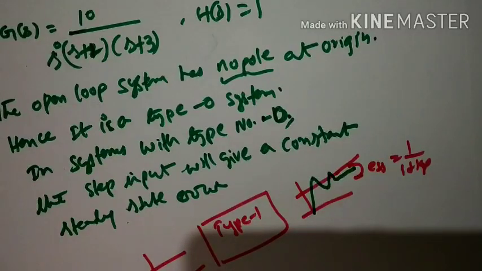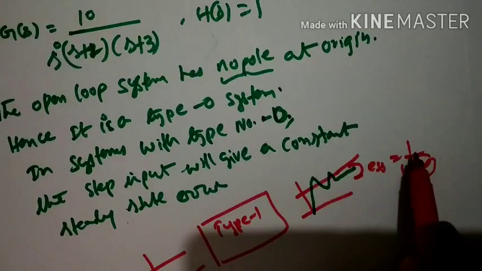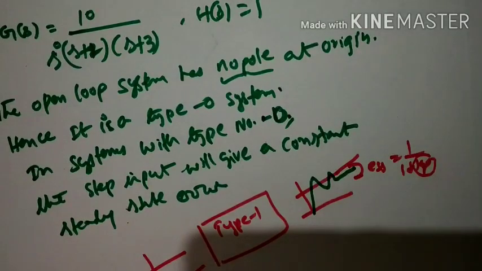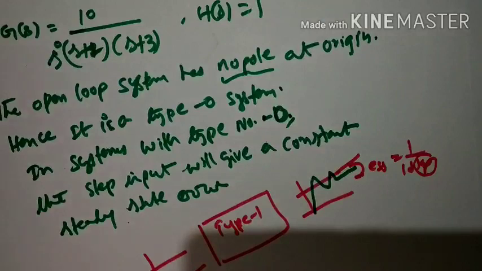So now what we have to find is the Kp value. After finding the Kp value, you substitute in this error. That's all. So how to find the Kp value? You know that the steady state error with unit step input is 1 by 1 plus Kp.